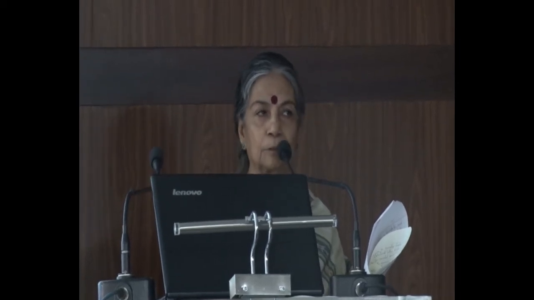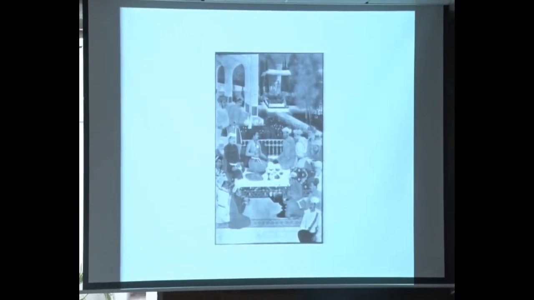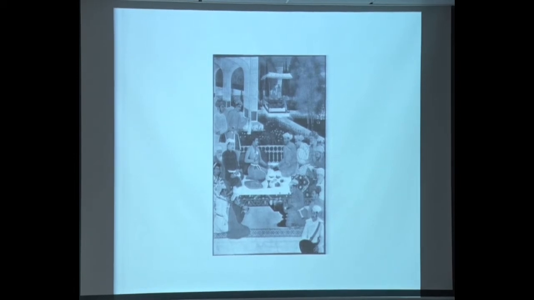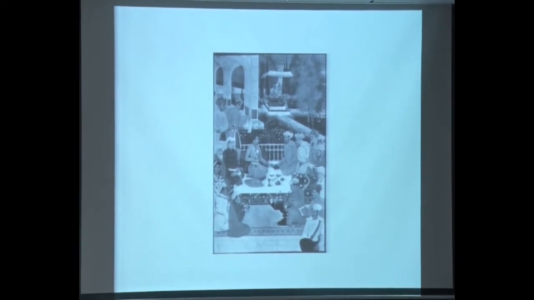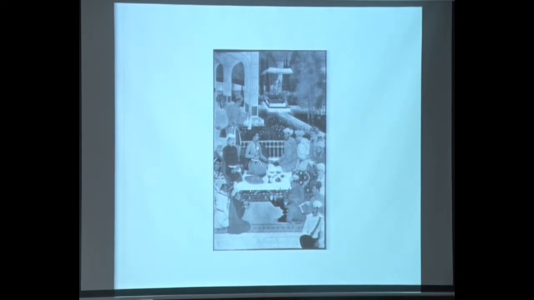And now we have Dara Shukoh. I'm sorry, I do have a colored slide, but I couldn't find it, so I brought the black and white. It shows you Dara Shukoh visiting a hermit in the hermitage. He was greatly prone to visiting holy men and philosophers, both Sufis and Hindus.